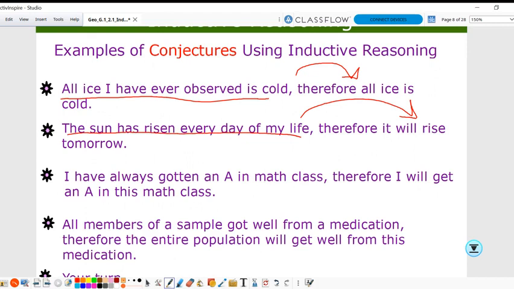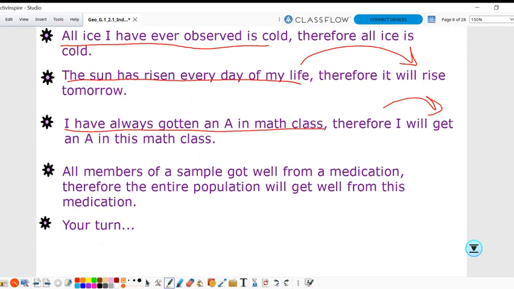I have always gotten an A in math class, therefore I will always get an A in this math class. We recognize a pattern, we make an assumption. All members of the same sample got well from a medication, therefore the entire population will get well from this medication. So you come up with your own conjecture.